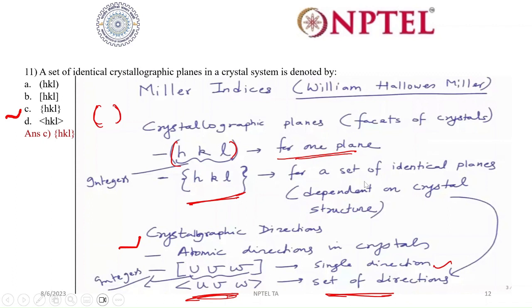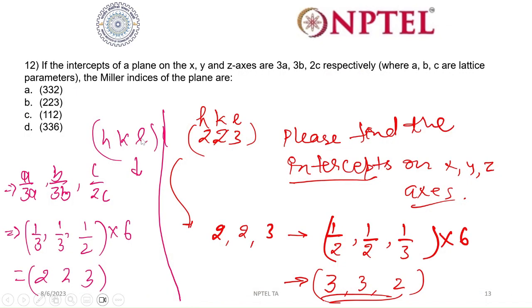Intercepts: if the intercepts of a given plane are given, our criteria should be considered where a, b, c are the lattice points from the indices of the plane. So we follow the procedure: take the reciprocal and convert it to the smallest integers. So this will be the answer.